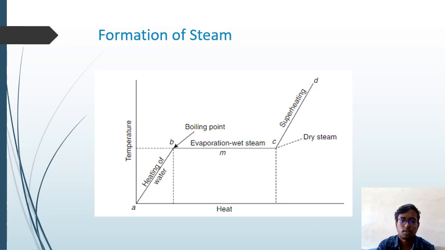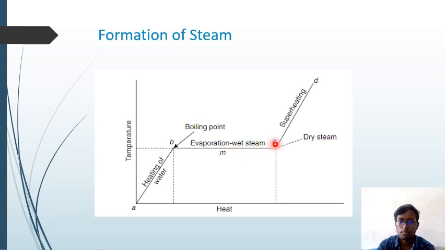Formation of steam. We can notice the graph between temperature and heat. Here, by heating the water, the temperature of the water increases gradually with a constant slope. By reaching this B point, it is the boiling point of the water, that is 100 degrees Celsius. Then, by continuous heating, the evaporation takes place, changing it into wet steam.